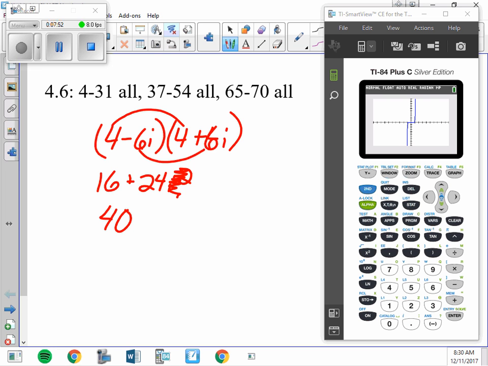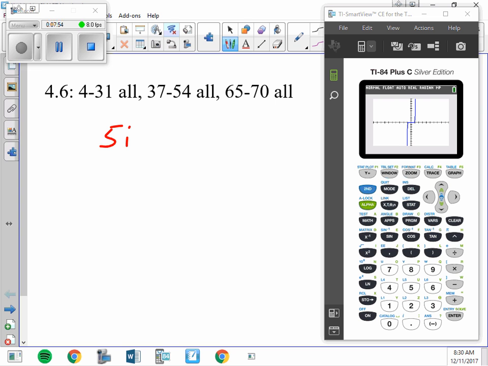Okay. What if I had 5i? What is the conjugate? Well, it's kind of like saying 0 plus 5i. So the conjugate would be 0 minus 5i. Do I need those zeros?